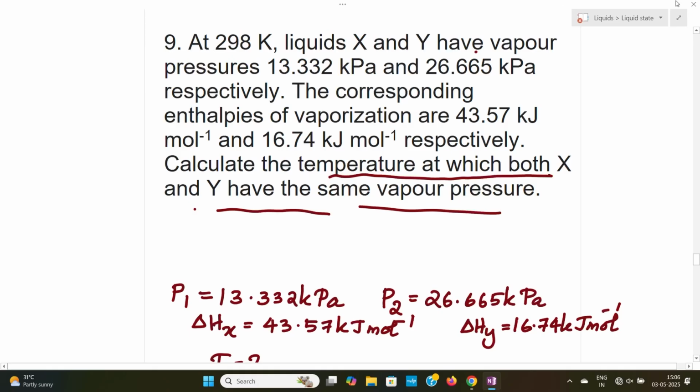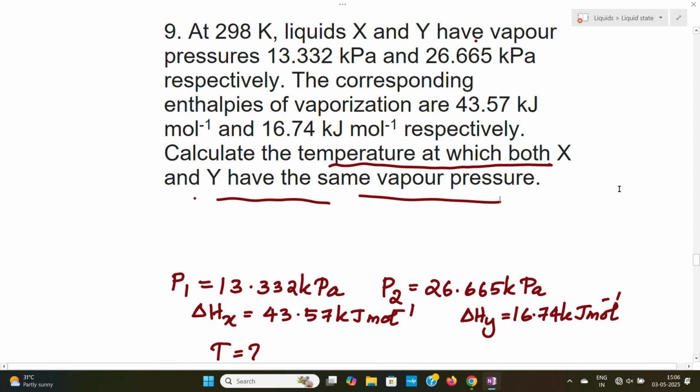So, this problem is a little tricky, but it is quite interesting also. Here, the P1 is 13.332 kilopascal, P2 is 26.665 kilopascal, and the X and Y are the liquids.